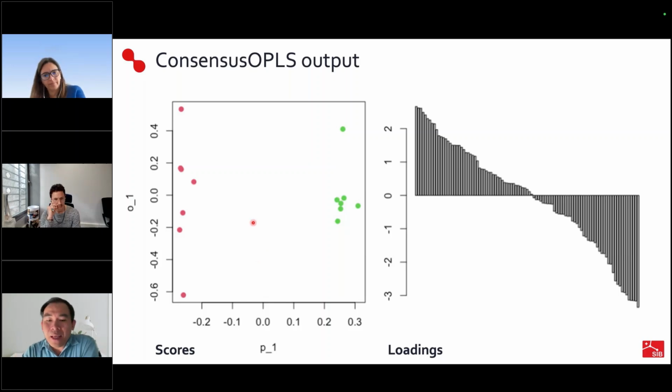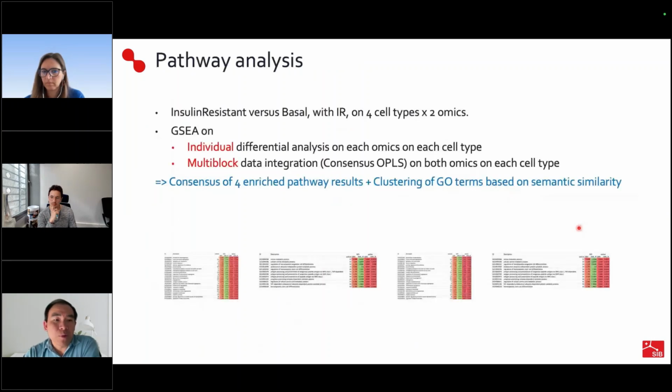And the loadings are the contribution of the variables, genes or proteins, to the variation between the two classes in this dimension, the predictive one, P1 here. With this contribution, we also have a ranking of genes or proteins. So with that, we can again perform a GSEA.